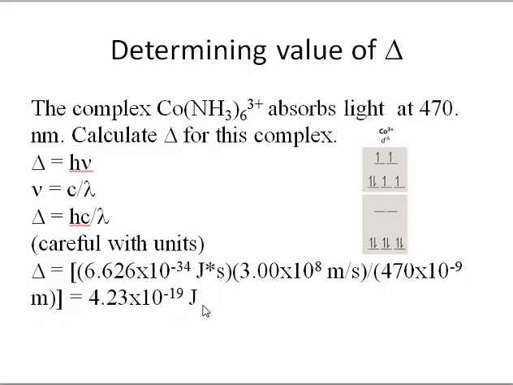You obtain an energy of 4.23 times 10 to the negative 19 joules. You may remember 10 to the negative 19 joules as being characteristic of the energy differences between orbitals in atoms that you calculated in Gen Chem 1.